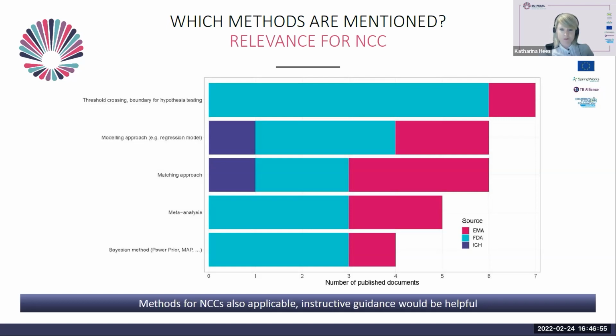Concerning non-concurrent controls, I would say most of the methods can also be used for their analysis, maybe for some, for example, to model the time trend. The situation, as Scott already pointed out, is in such a platform trial maybe a little bit better because you have these overlapping time periods. Saying this, I would hand over to Ursula.